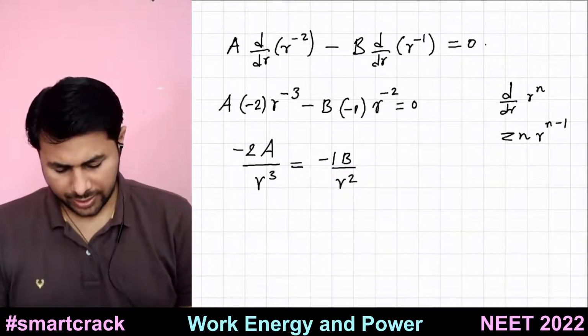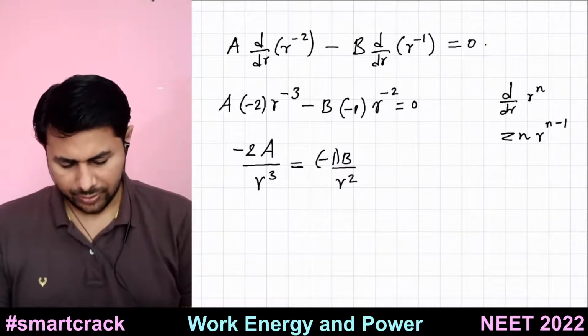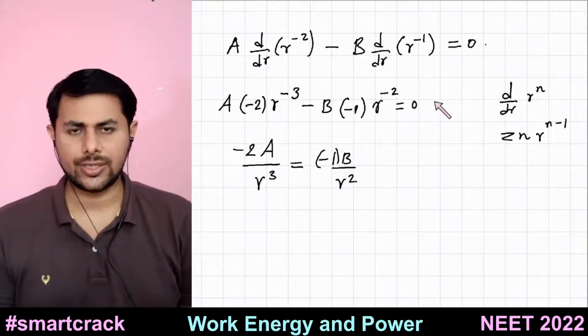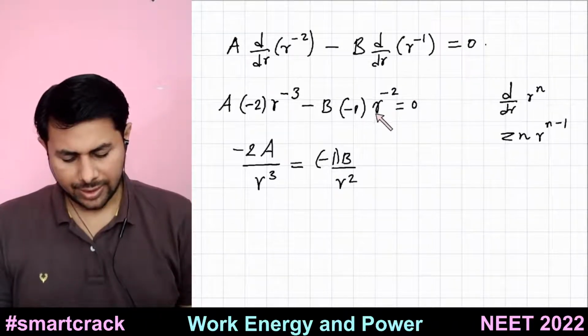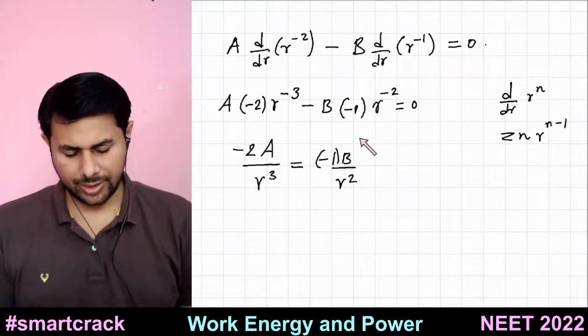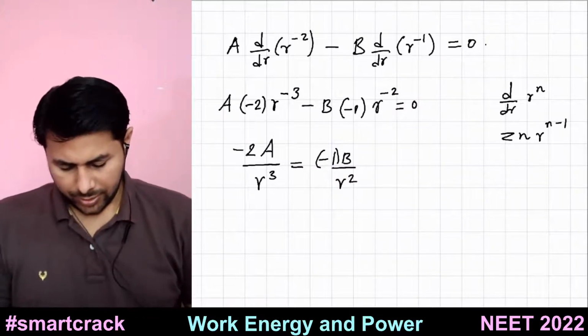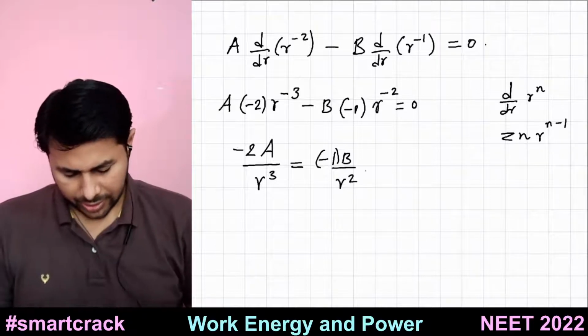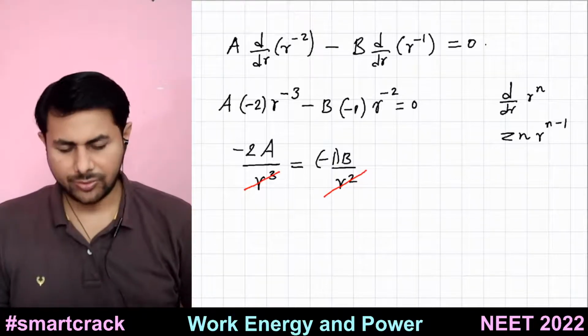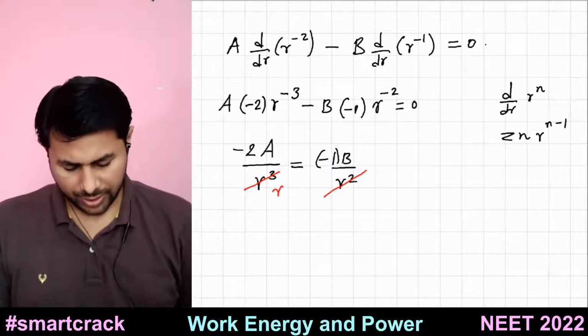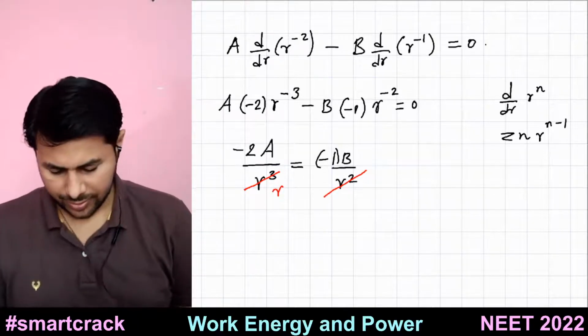What I have done is I have taken this term on the other side and also written r raised to minus 2 in the denominator, which becomes r raised to plus 2. This r raised to plus 2 gets cancelled with this, and you are left with r over here. You can take that r on the other side.